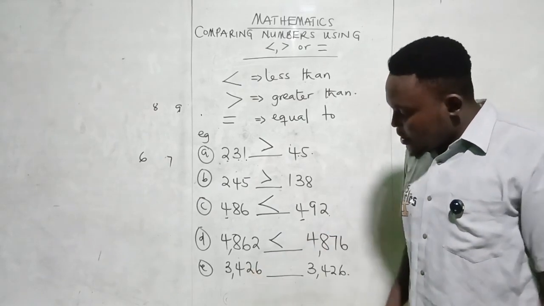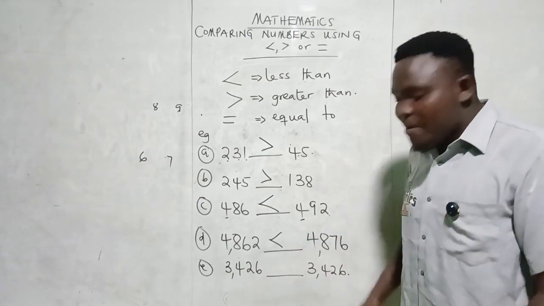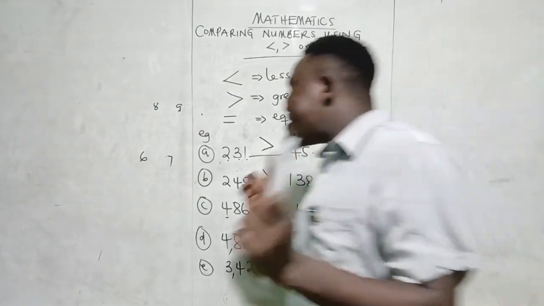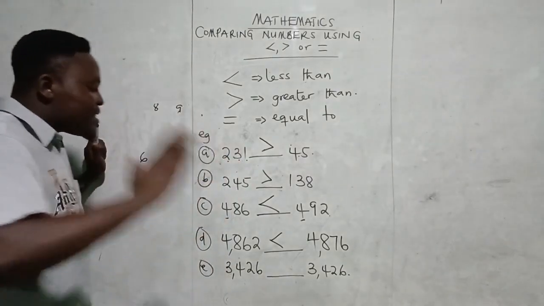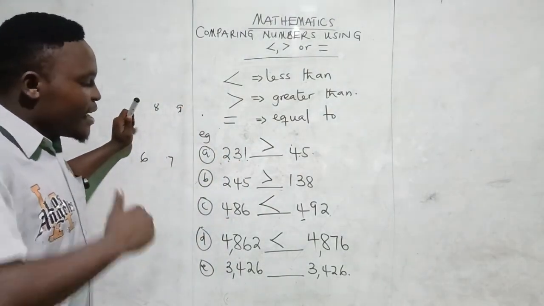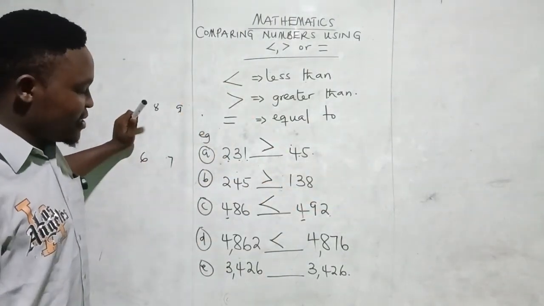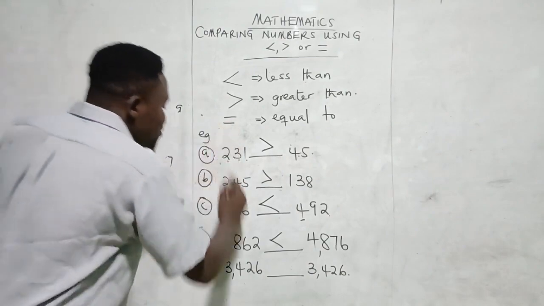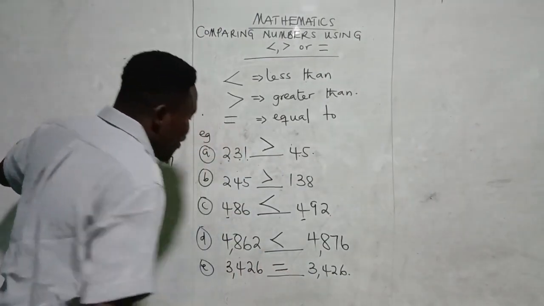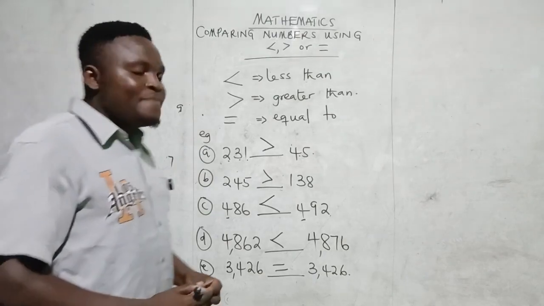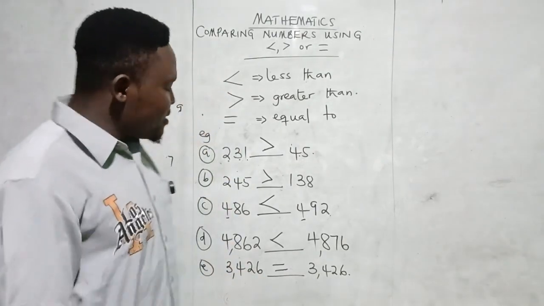The fourth number is 6 here. The fourth number here is 6. That means they have the same number of digits, and each number here on the left side is equivalent to the one on the right side. So that means we are going to use our equal to sign, which means the number on our left side is equal to the number on the right side.